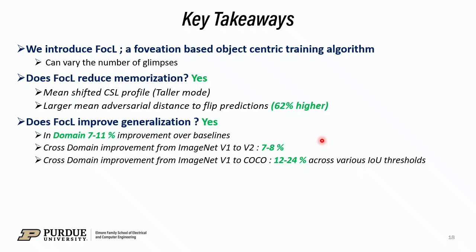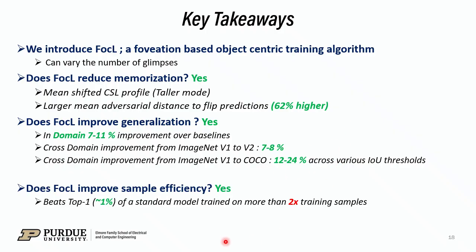Next, we ask, does FocL improve generalization, which is backed by in-domain and also cross-domain generalization, and we show how foveated object-centric features transfer well to even more complex cluttered datasets like COCO. And finally, we show that FocL's easier learning also has positive effects on sample efficiency.